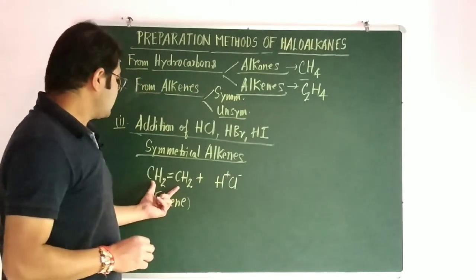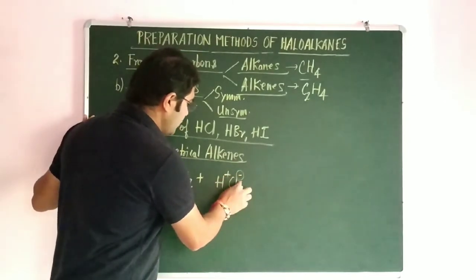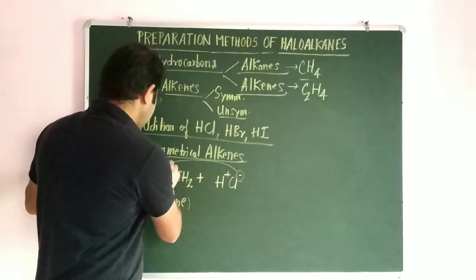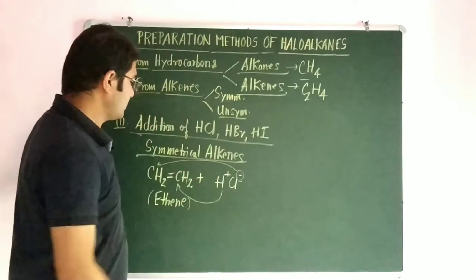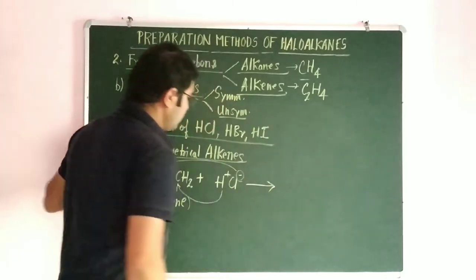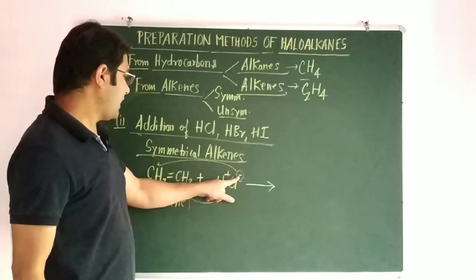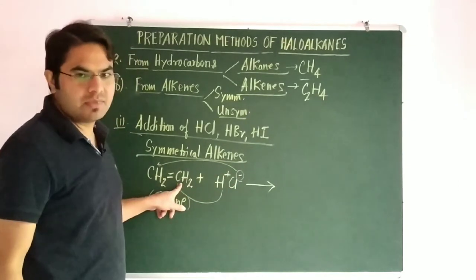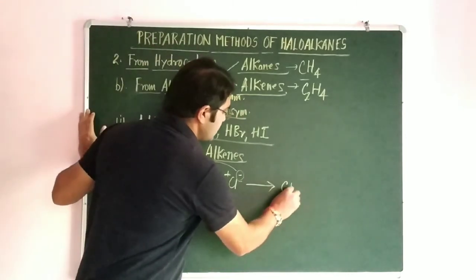In a symmetrical alkene, the negative part of the adding molecule is attached with one carbon atom and the positive part is attached with the other carbon atom. Whether the negative part is attached with the first carbon atom or the second carbon atom, in both cases the product formed is the same.